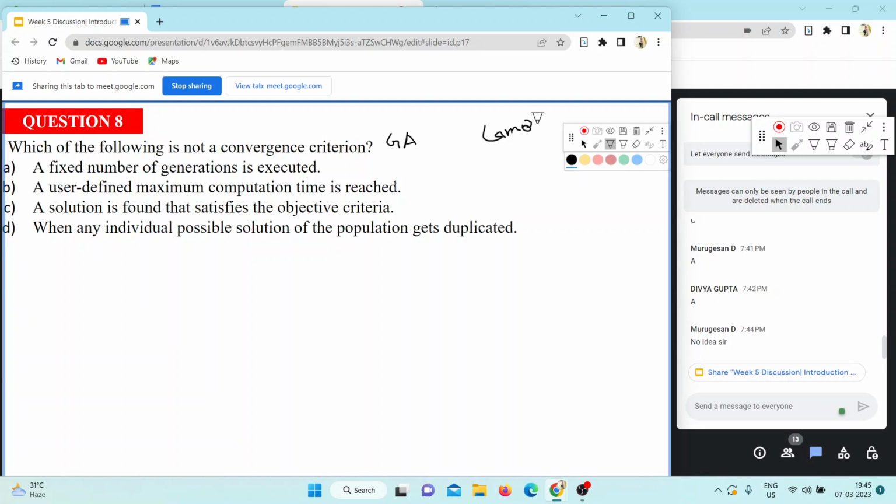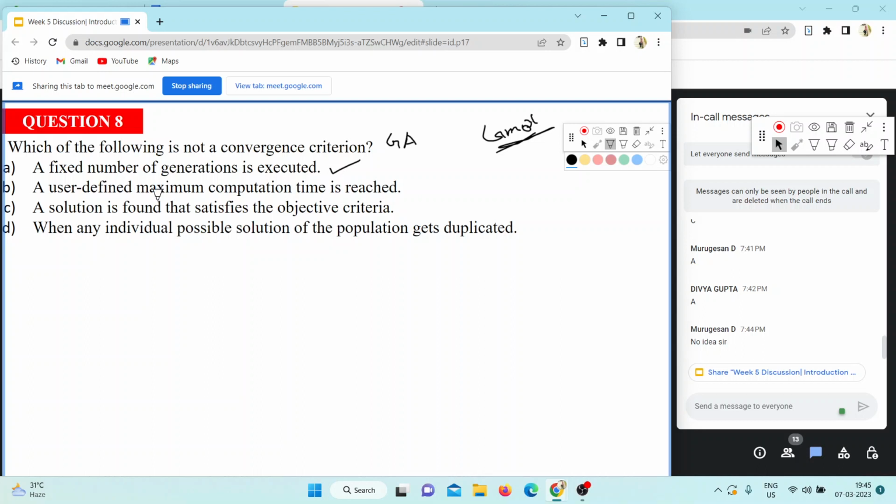You can get the slide and you can see there's a thing written called G max, and whenever your GA goes up to this G max, we are converging our process. That means we are ending our process after this maximum number of generations, or G max. So this is actually the correct option.